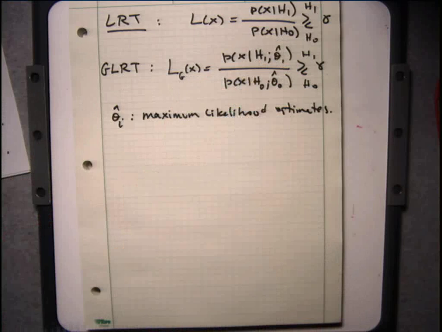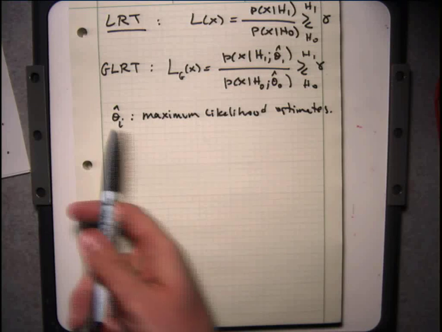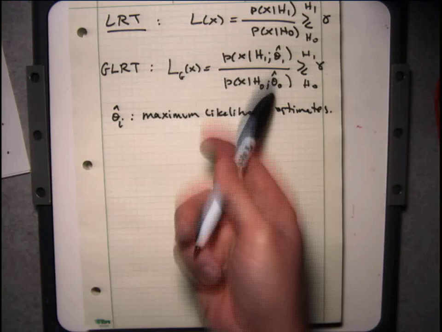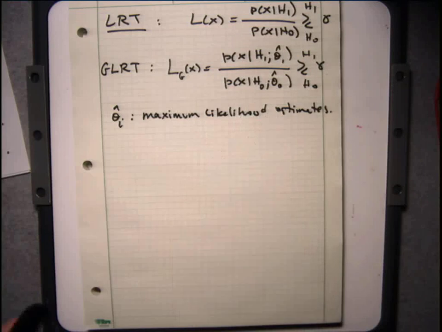People have studied the GLRT for a number of years, and many results have been proved about it. Not the one that we really want, which is that it's optimal, but many other very useful results, and they all depend on the assumption that you're plugging in the maximum likelihood. If you plug in something else, there may not be a result in the literature that tells you how it's going to perform, but there's nothing here that stops you from doing that.